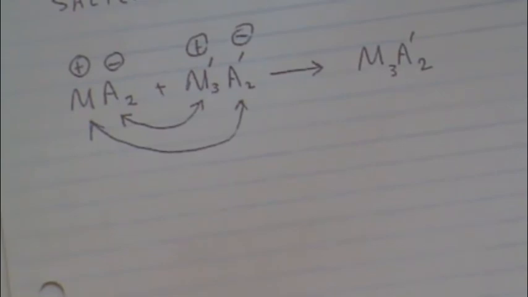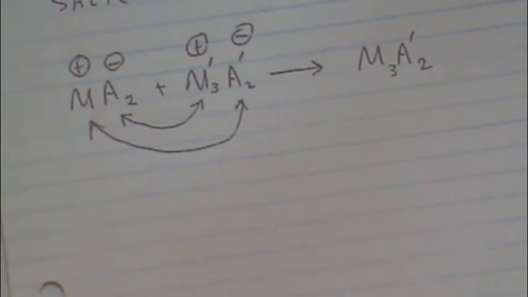How many people want to explain it? Raise your hand. Yeah? When you have, let's say, barium phosphate. Barium phosphate. Metal, anion. Second group, 2 plus.